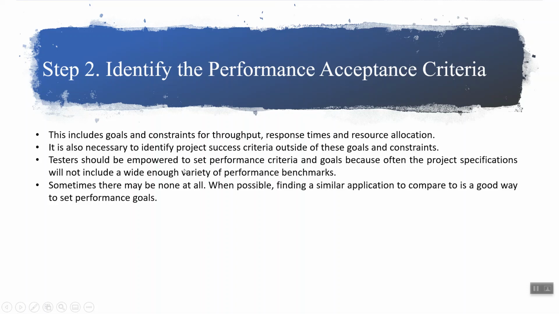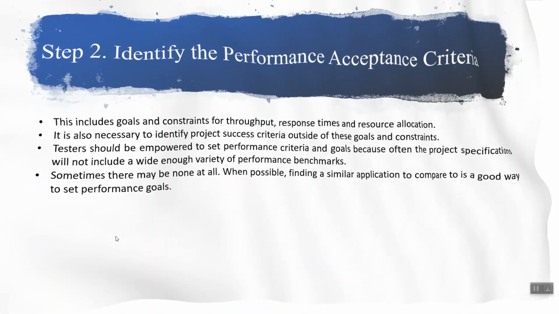So here testers should be empowered to set performance criteria and goals because often the project specifications will not include a wide enough variety of performance benchmarks. Sometimes there may be none at all. So when possible, finding a similar application to compare to is a good way to set performance goals. So setting up performance criteria is also important, which is step 2.